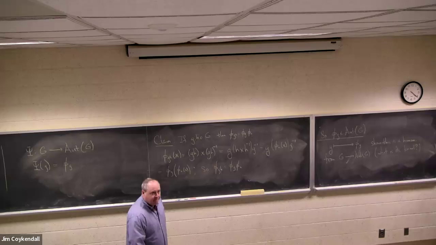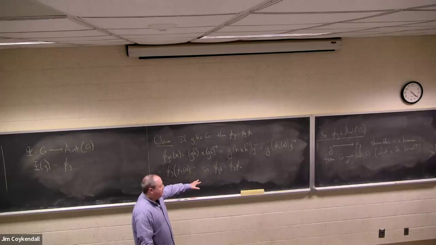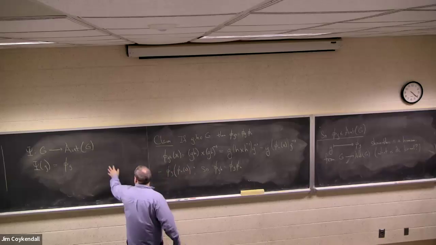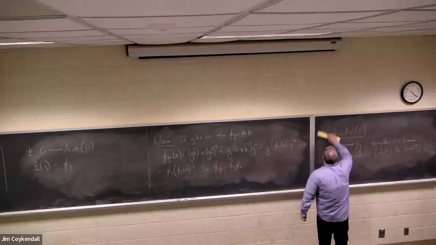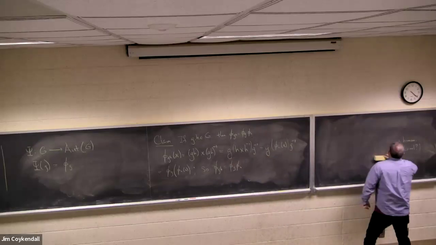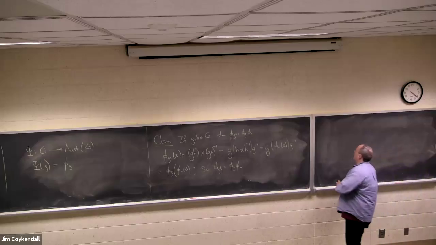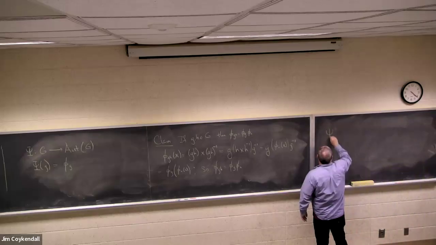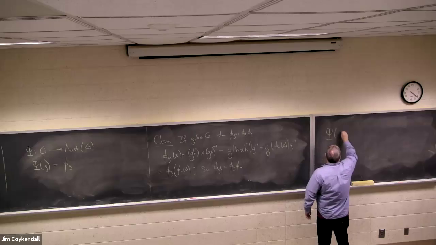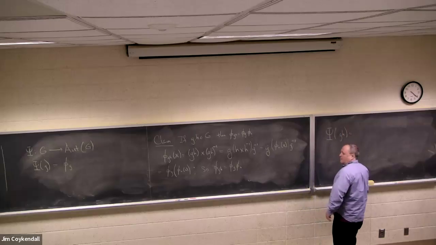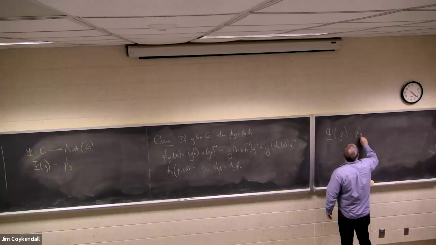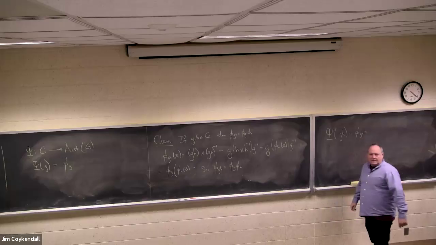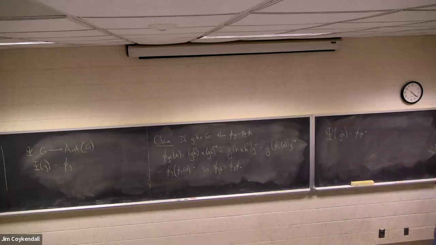Right? Okay with that? You may not notice it yet, but what I've done is I've really done the heavy lifting already on this. I want to prove that capital pitchfork is a homomorphism. So if I look at capital pitchfork of gh, by my rule, this is the function phi gh. And what did I just prove?